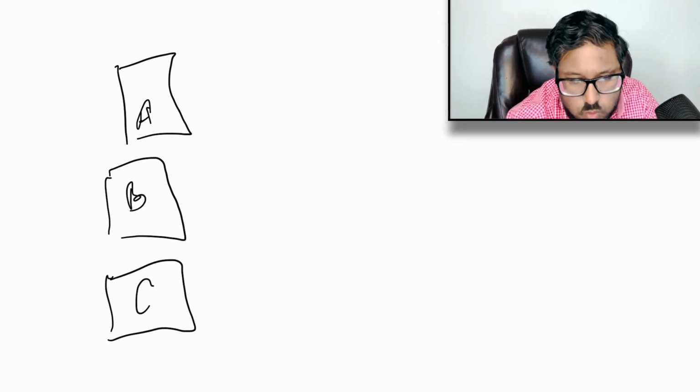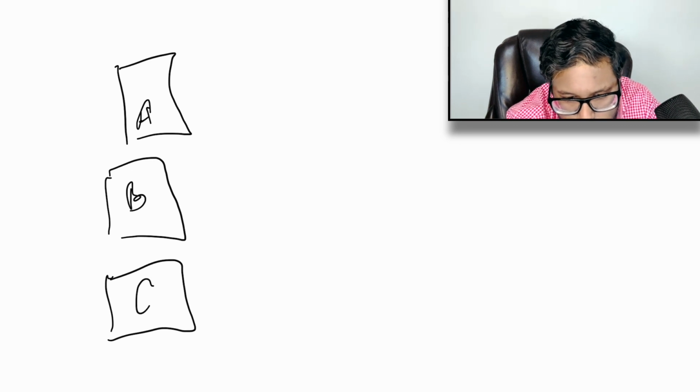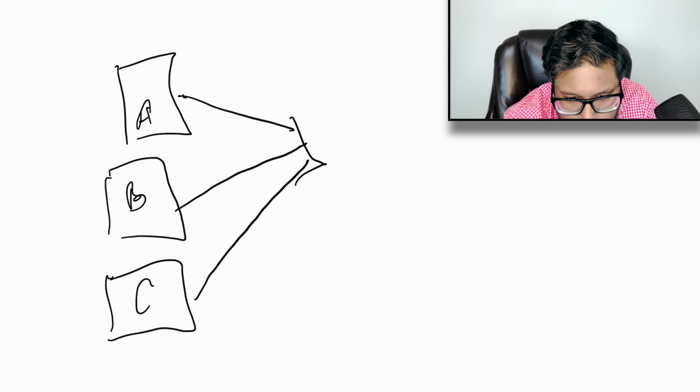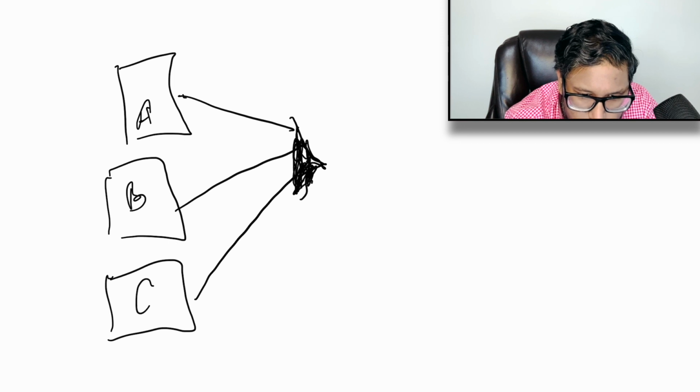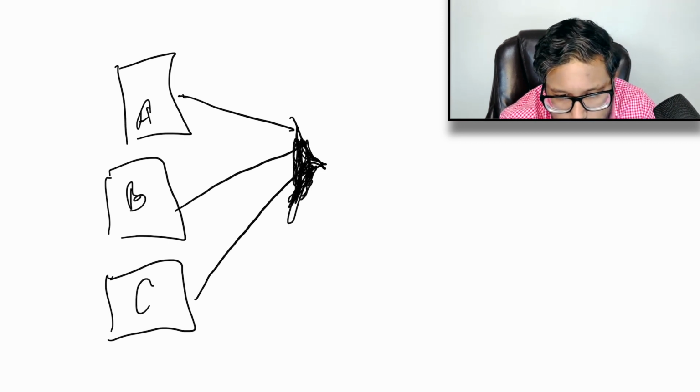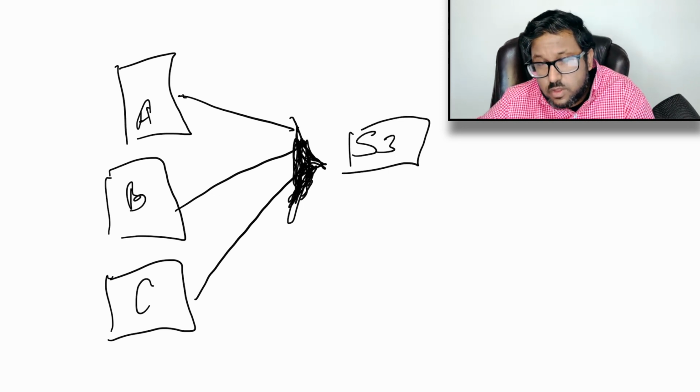So here's what happens. We'll make an arrow here, and pardon my not so great handwriting, but all of this will land into an S3, where all of this data is going to be.